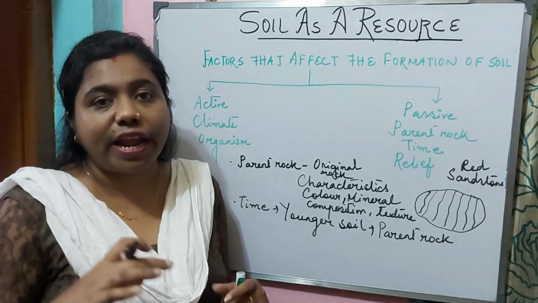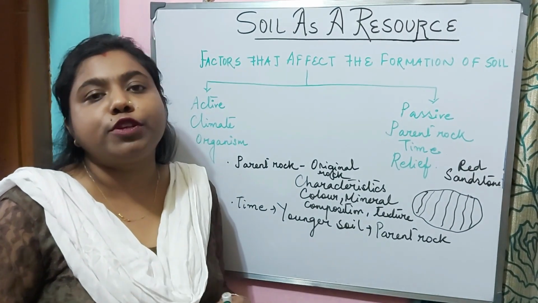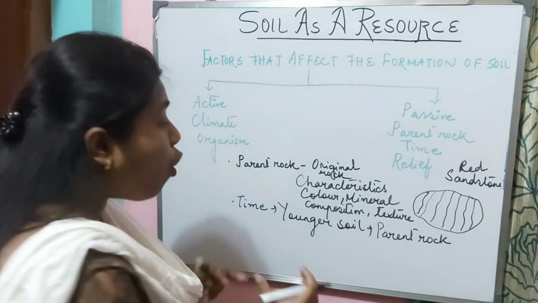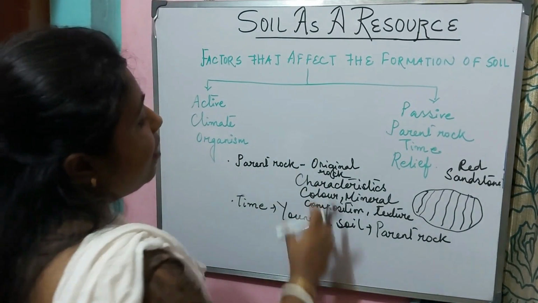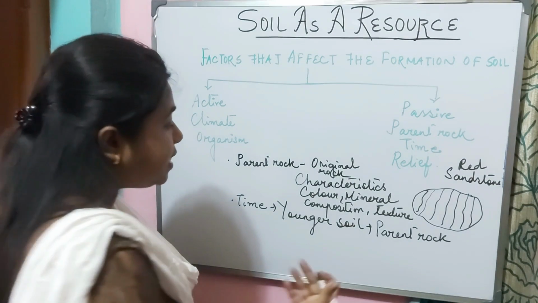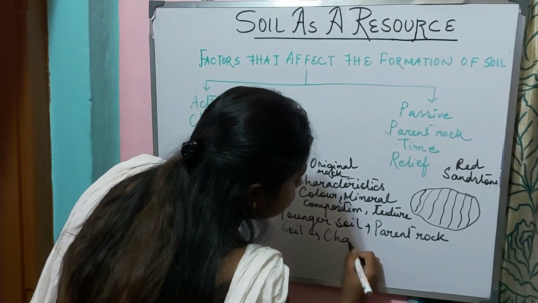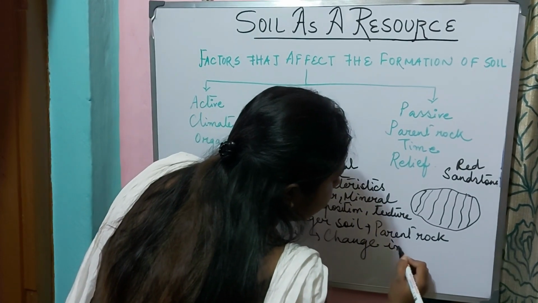As they settle down and get buried deep under the surface, their characteristics and compositions will all differ from the parent rock. So we may say that a soil can change into another soil.